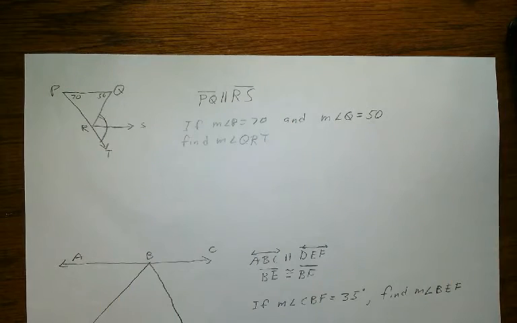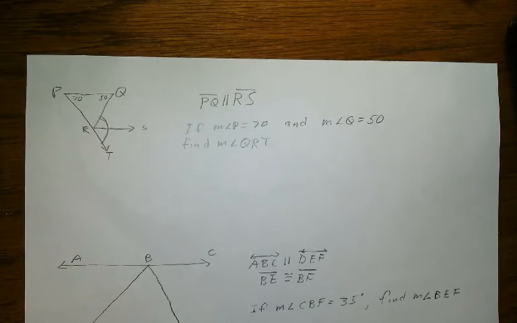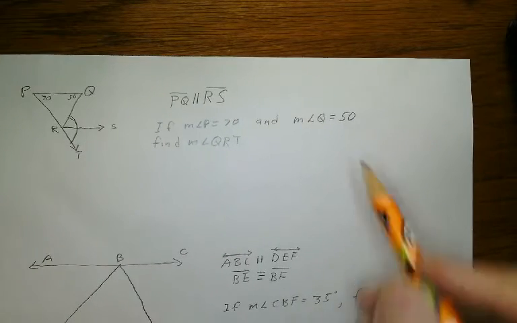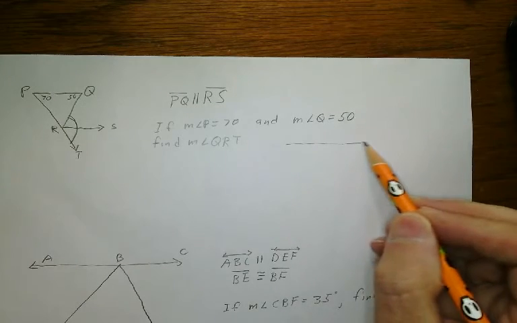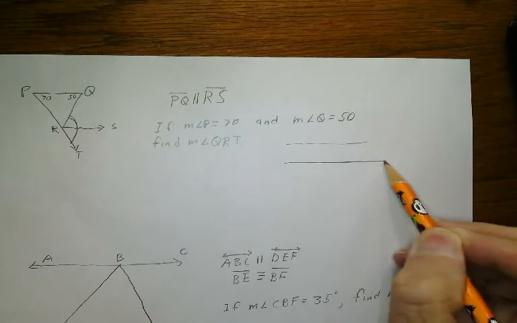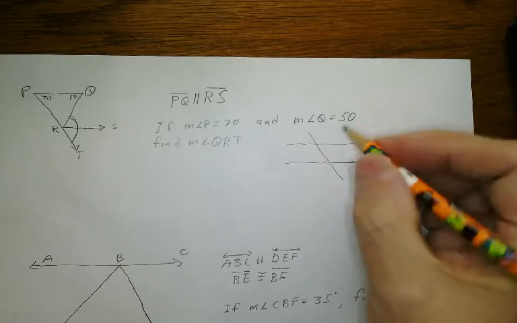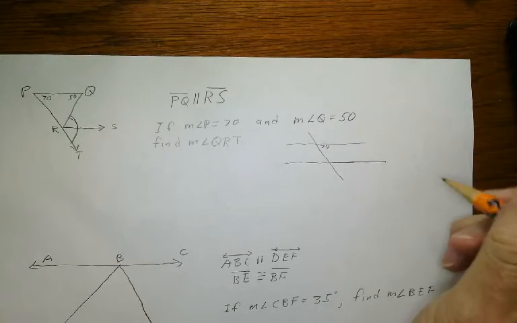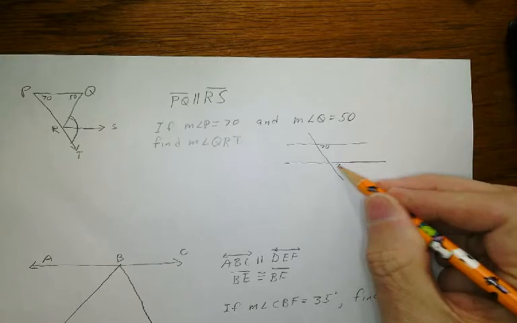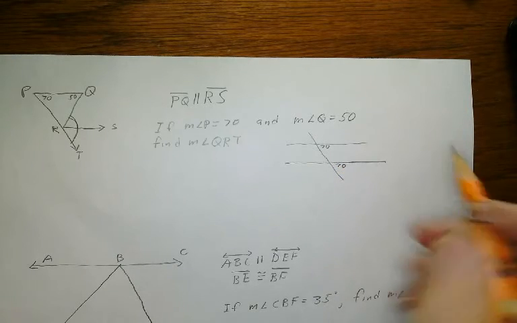Now, one thing that may help you when you get a diagram like that is to draw out the usual picture. And we have something that looks like this. Now, if we're given this angle is 70, we know this angle is 70. We can transfer that up here.